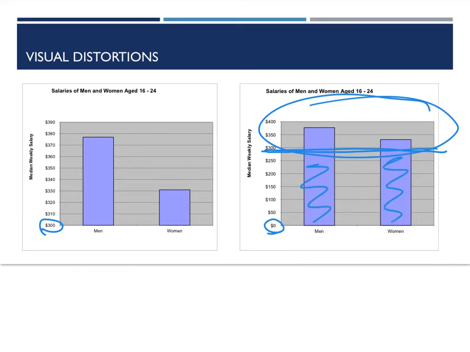And if I ignore the part that's similar, I'm ignoring a large part of the area. This isn't 2 or 3 times as much as this. It's actually only this much more.